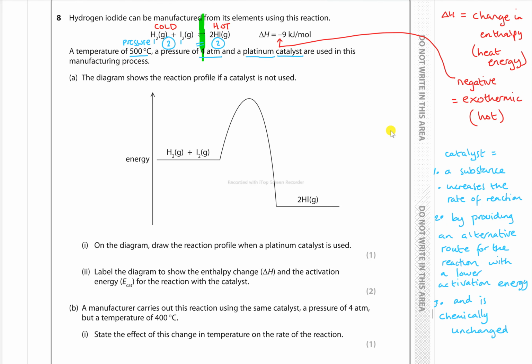Right, so they've used 500 degrees C, 4 atmosphere pressure. ATM is atmospheric pressure. Right, okay, and a catalyst. Now the diagram shows the reaction profile if a catalyst is not used.